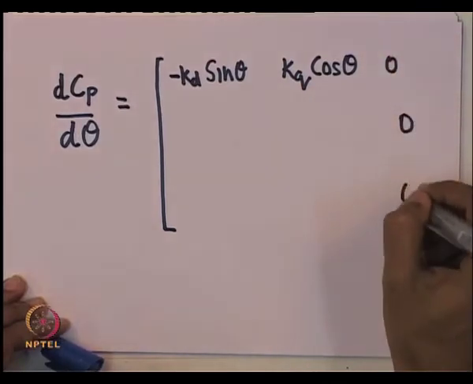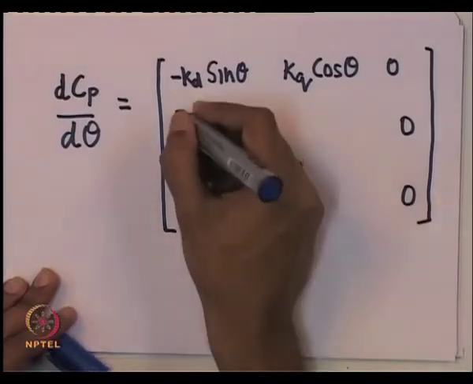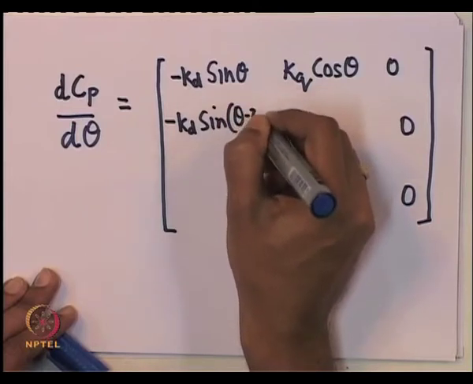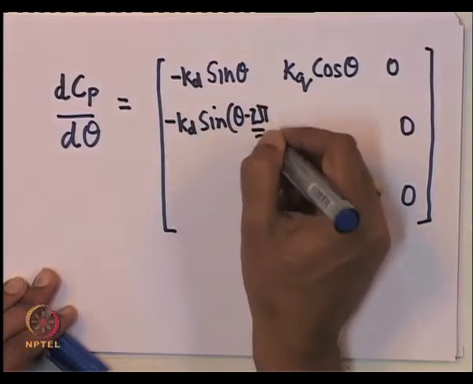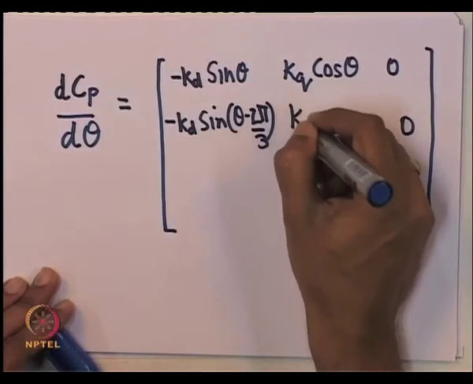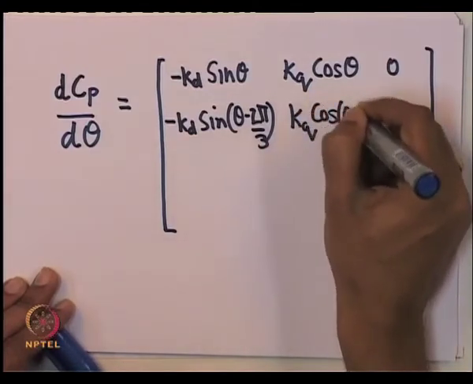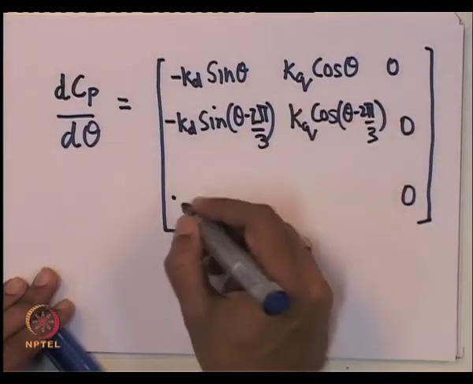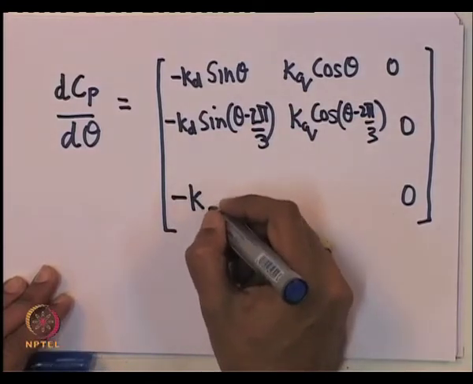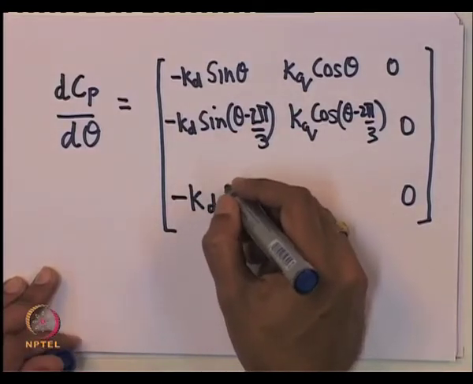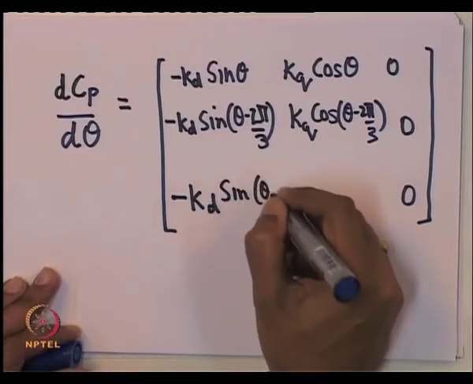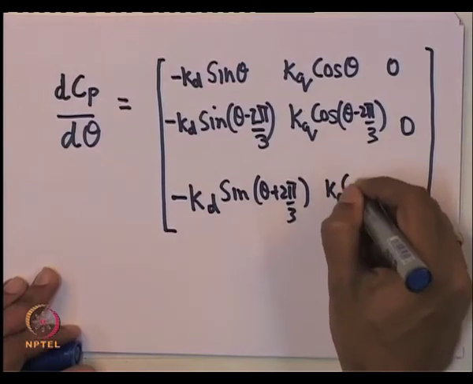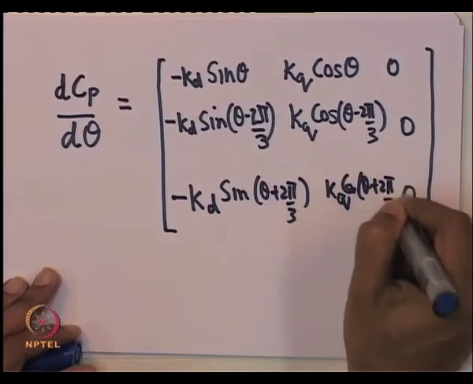So, I will write 0 here, and you will have minus k d sin theta minus 2 pi by 3, k q cos theta minus 2 pi by 3, and minus k d sin theta plus 2 pi by 3, and this term here is k q cos theta plus 2 pi by 3.